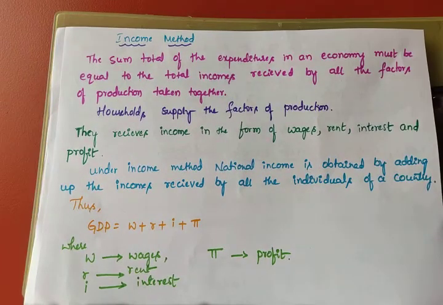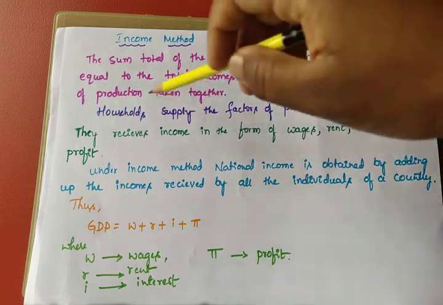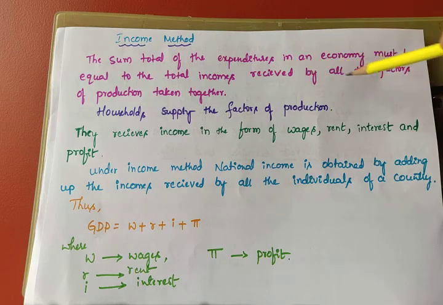Pi means profit. So the total income received by all the factors of production, that is how we calculate national income under this method. Under this method we should calculate only final expenditure, the spending on final goods.